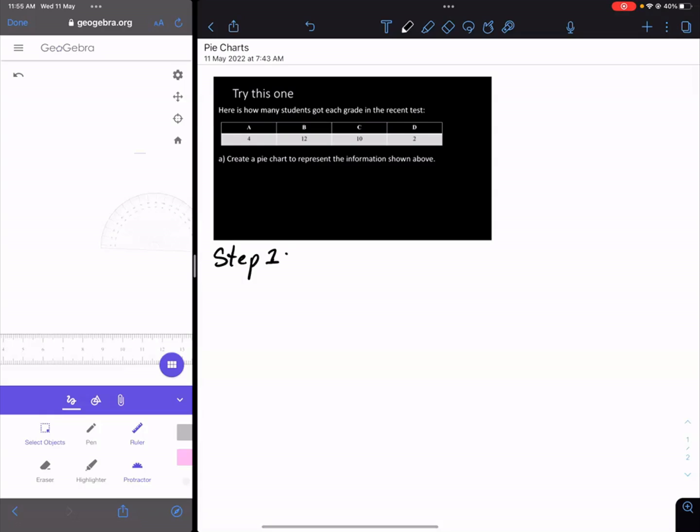We already have our data in a table, but we need to ensure that we have our total. So I'm just going to replicate this table. A, B, C, D.